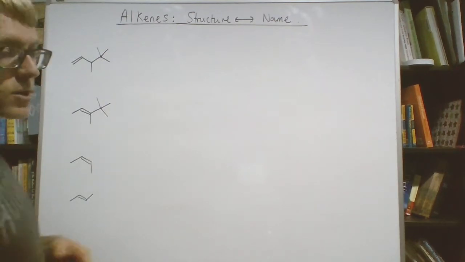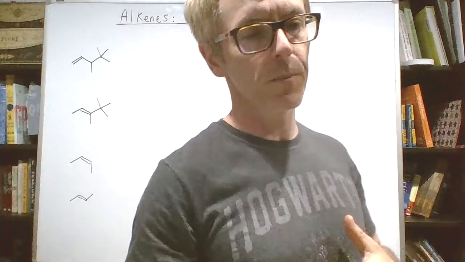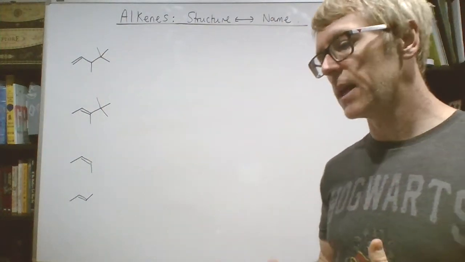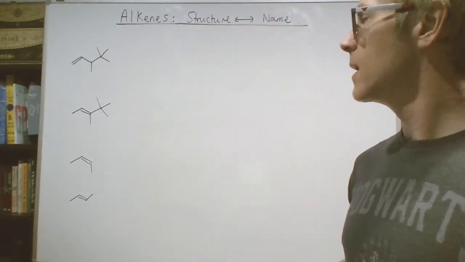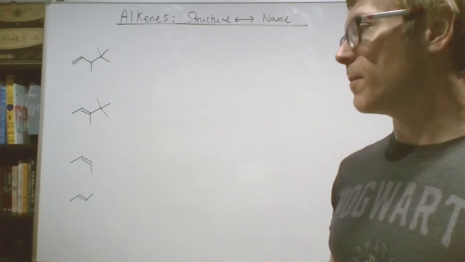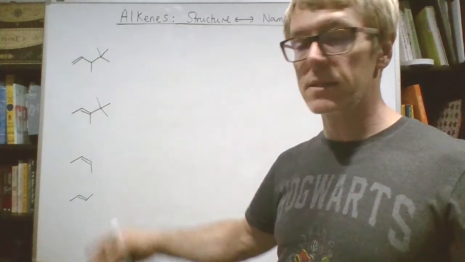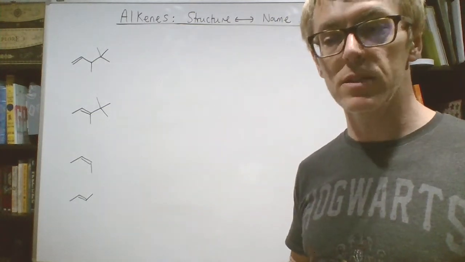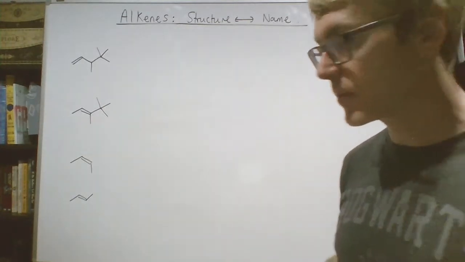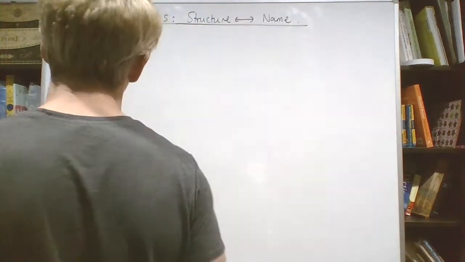So these four structures will allow us not only to name and see some strategies for naming, but also, well, the last two are going to help us look at something called cis-trans isomers, or cis-trans isomerization.